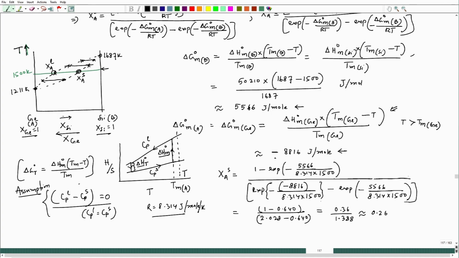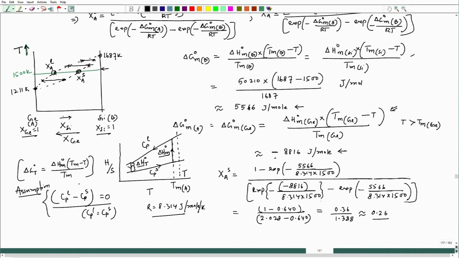So that means the composition of solid solution in terms of A, which is in equilibrium with the liquid solution at 1500 Kelvin, is 0.26, that is the mole fraction.